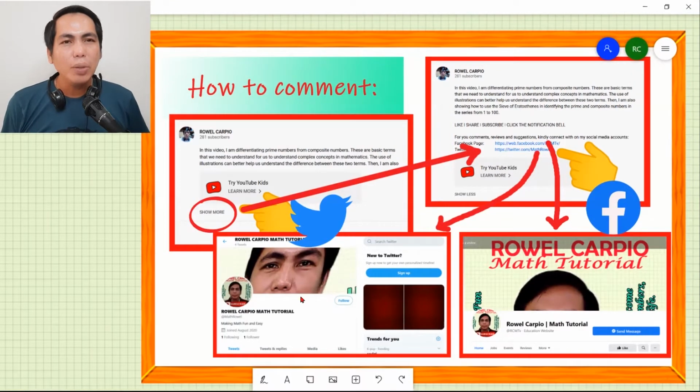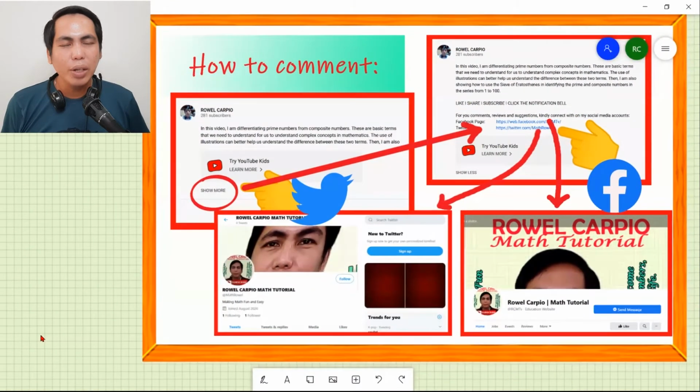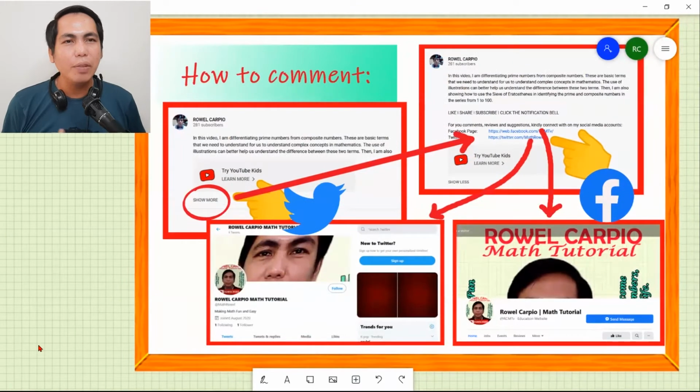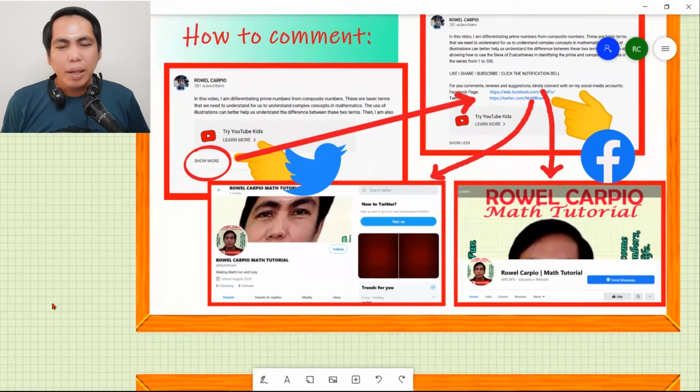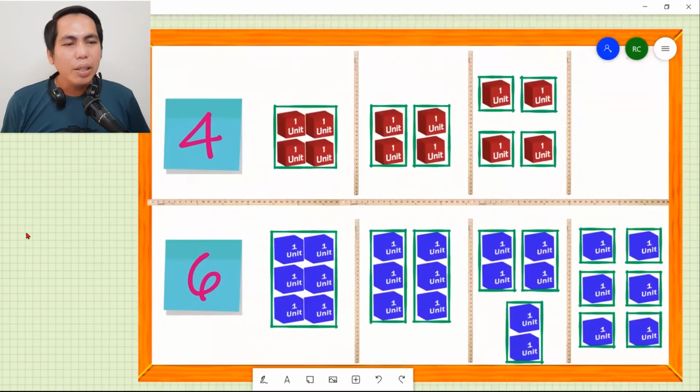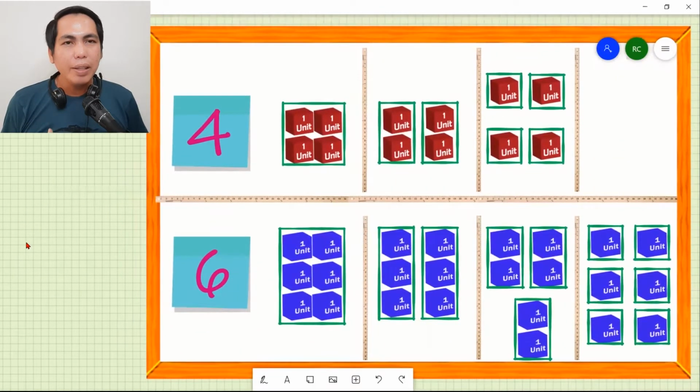Now, going back to our discussions on how to find the greatest common factor or GCF of two or more numbers, we will have this illustration first. In this illustration, we have to find the greatest common factor of 4 and 6. First, we have to identify into how many different groups we can divide each number. Okay, let's start with 4.